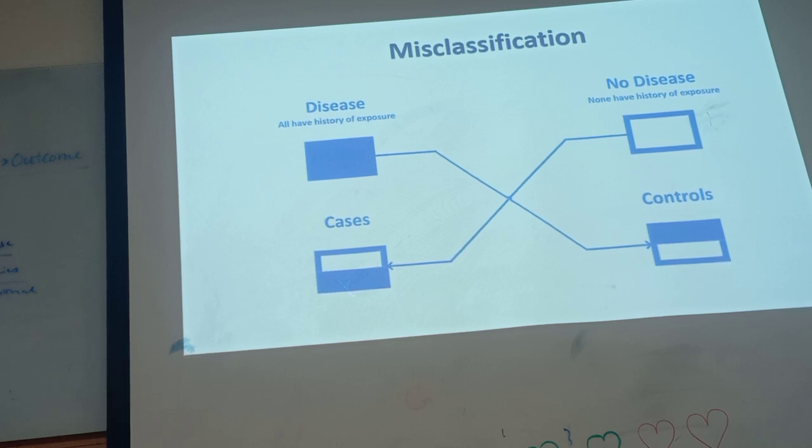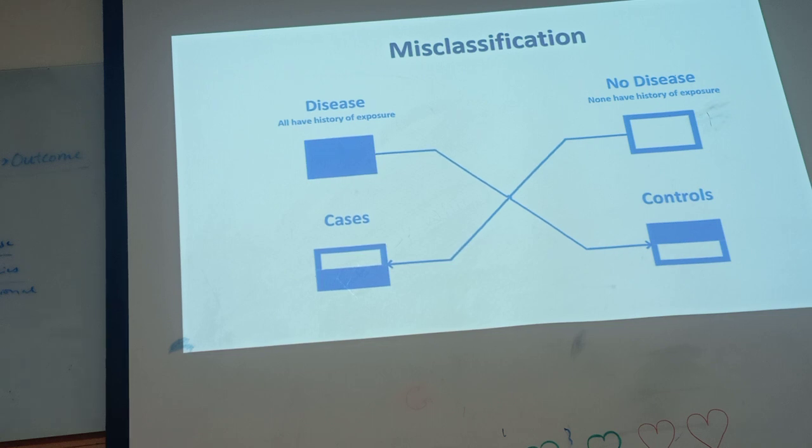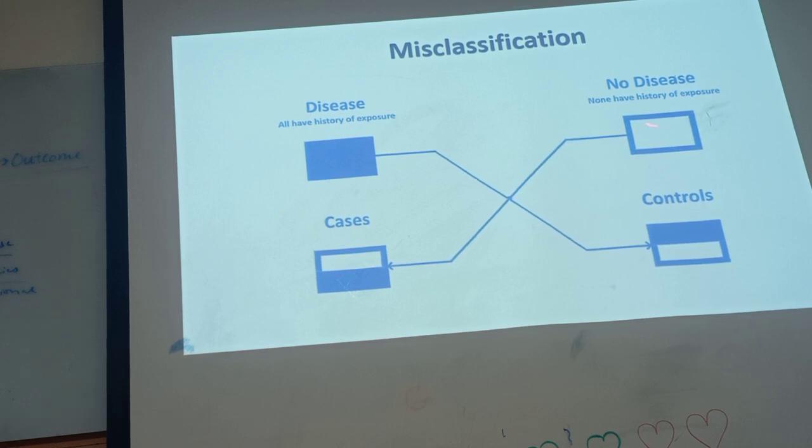But what is the effect of misclassification? Imagine that we have a disease which has a very strong association with our exposure. So all of those who have the disease are exposed, and all of those who do not have the disease are unexposed. It means that there is a very strong association between our exposure and the outcome.